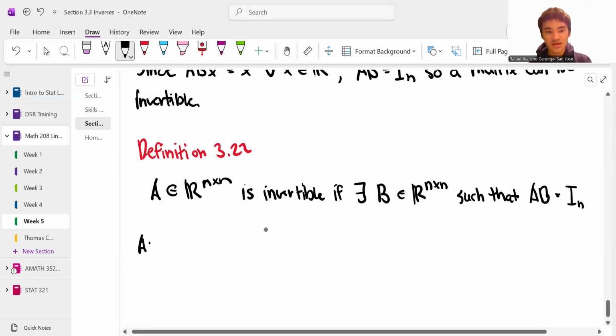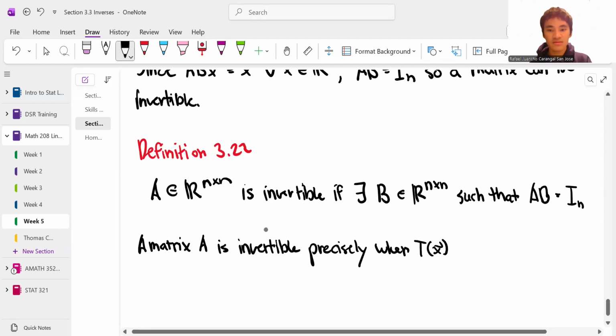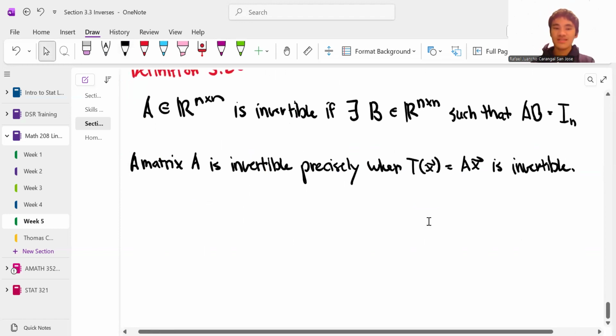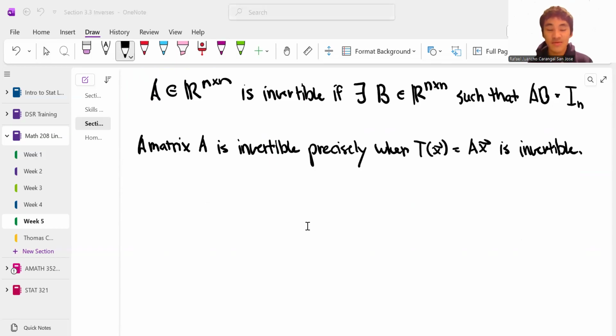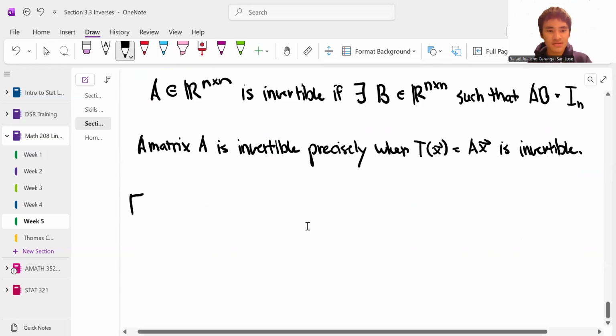So we say that a matrix A is invertible precisely when that T inverse is equal to that mat vec, when we say that that transformation is invertible. So it's nice how we can build off of ideas that we already have, even though I tend to forget what those ideas are, but it's just nice to have ideas that we can build straight up off of.